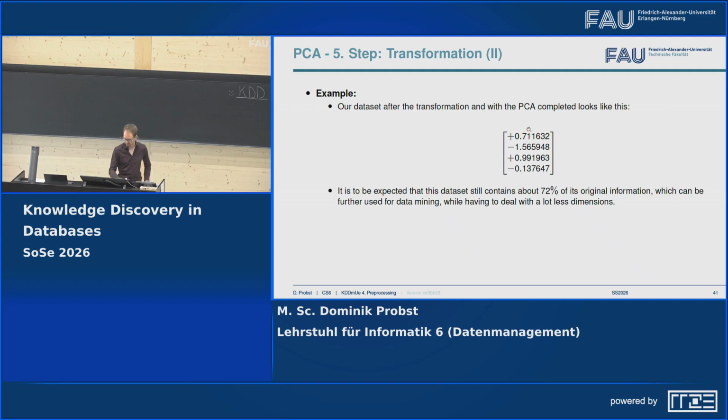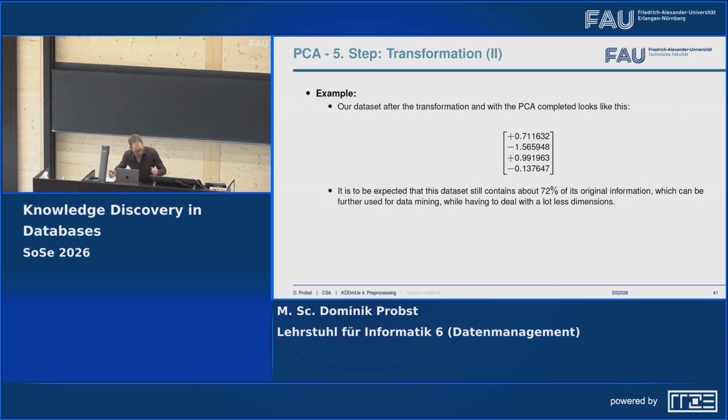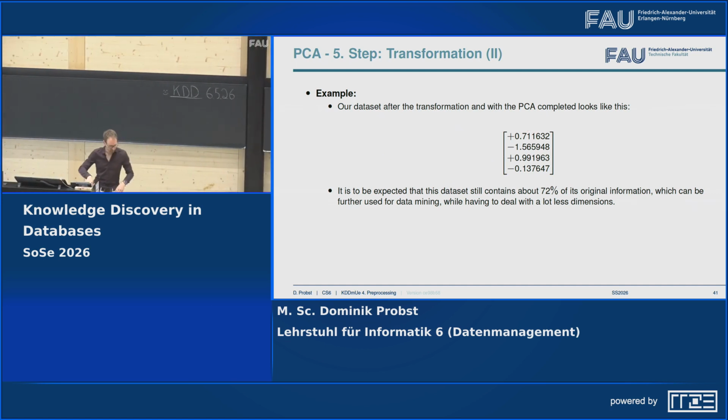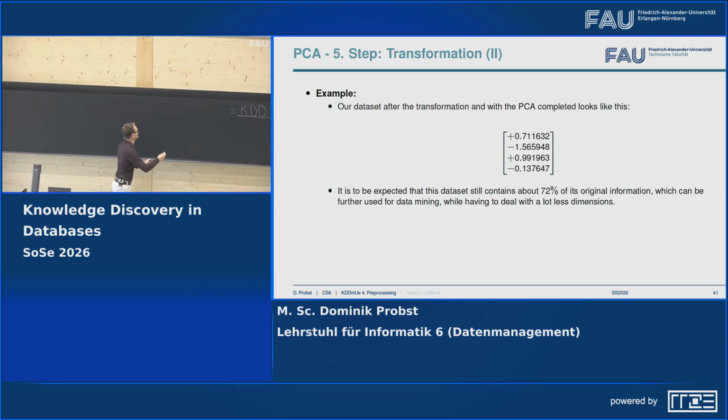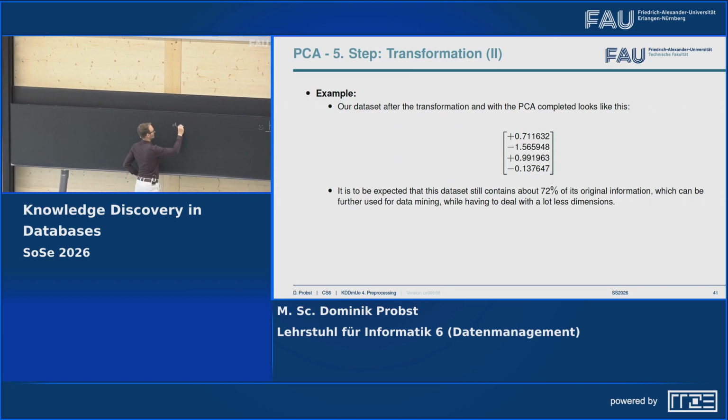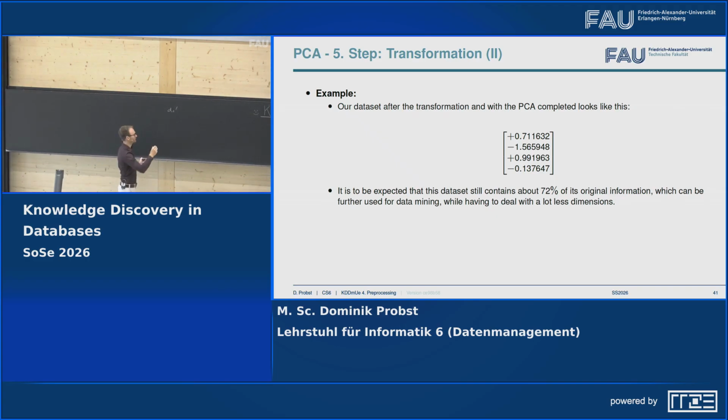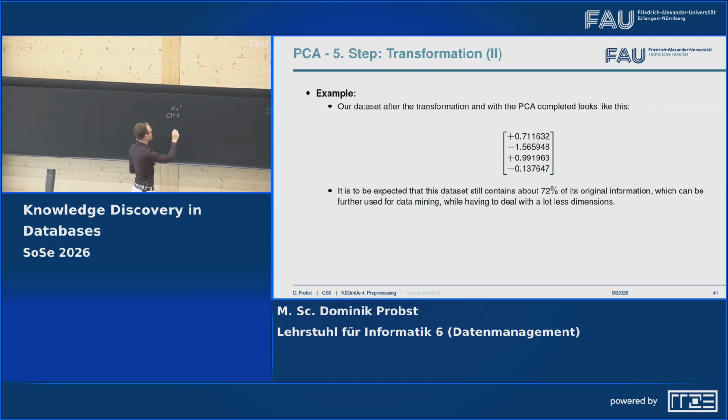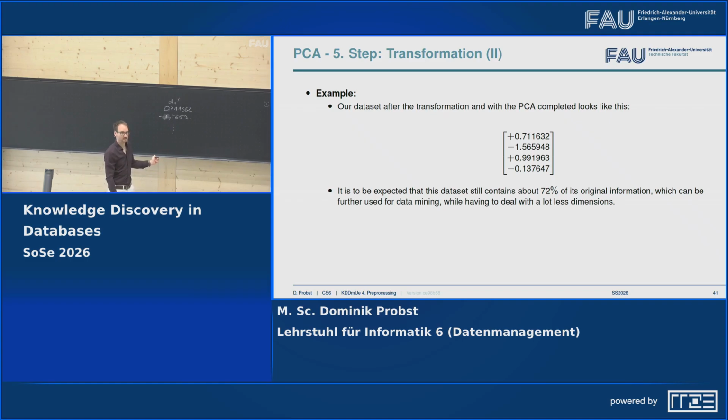So our new dataset would be simply the one stripe, let's say, with the first value, then the second value minus 1.5659, and so on. So we have a new data set, a smaller data set. And that's what we want.